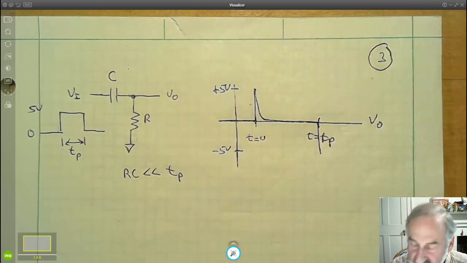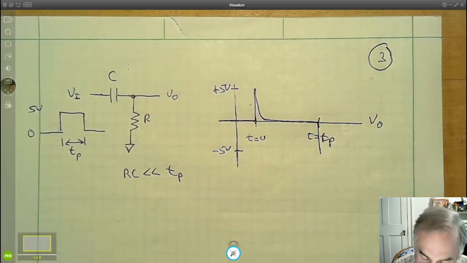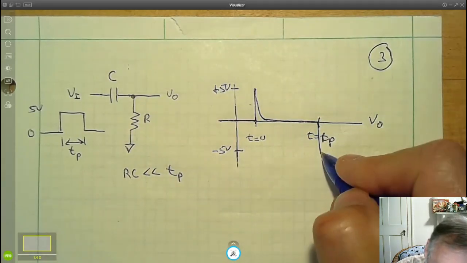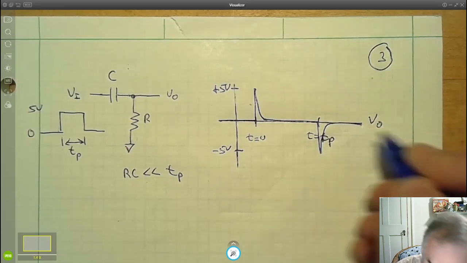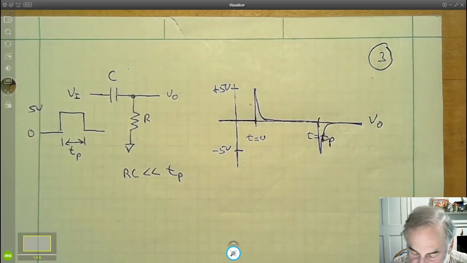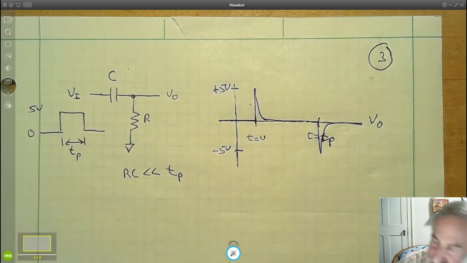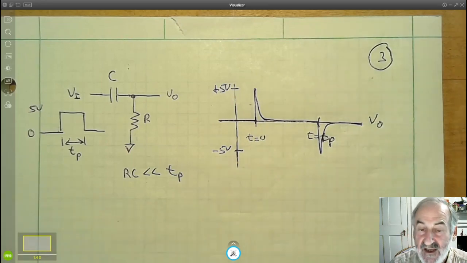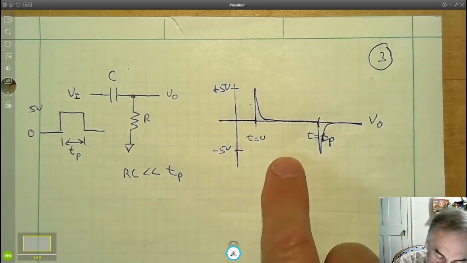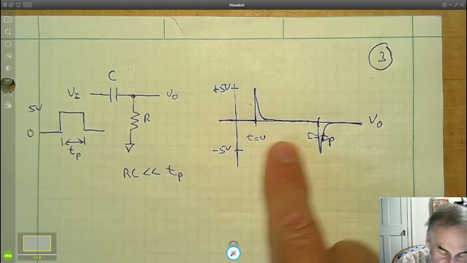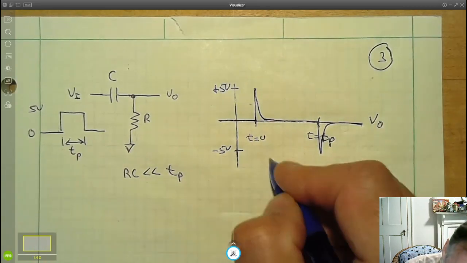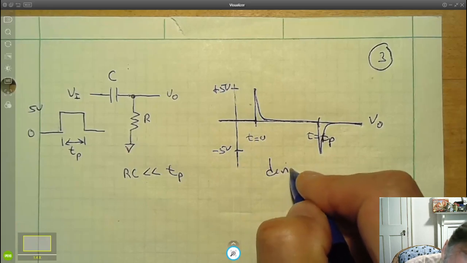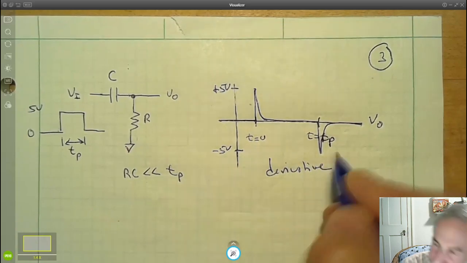Again, that may not be intuitive, but the voltage across the capacitor can't change instantly. And since we know that RC is pretty short compared to our timeline here, the voltage drops back fairly quickly to 0 volts. Now, here's a question. What does this waveform look like compared to this waveform? Hopefully, it looks a bit like a derivative.